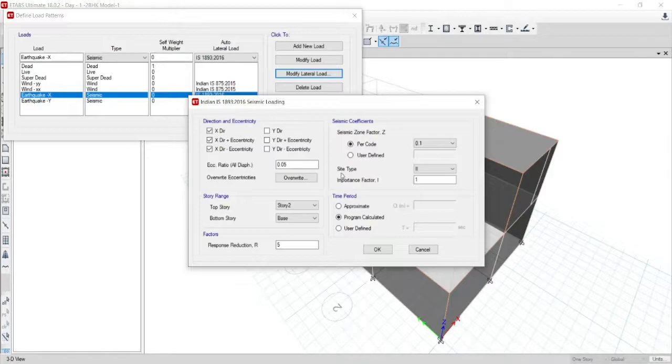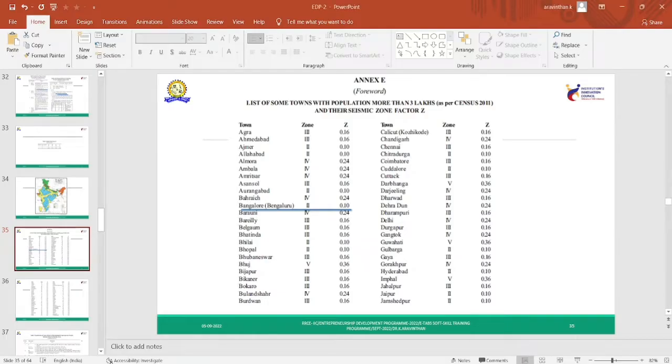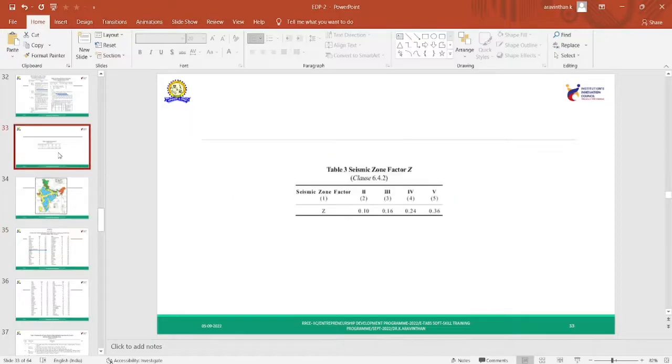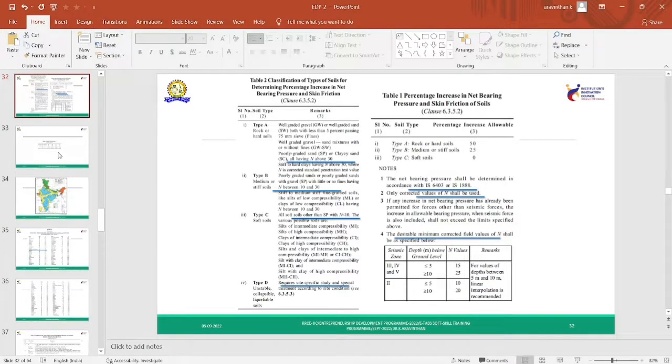Now, what is the site type? Either you are taking 1, 2 or 3. So these 3 are your types. Let me give you an explanation here. These are the 3 types, 1, 2 and 3, A, B, C. Now Bangalore majorly has rock or hard soil, so I am assuming that it is rock and hard soil.